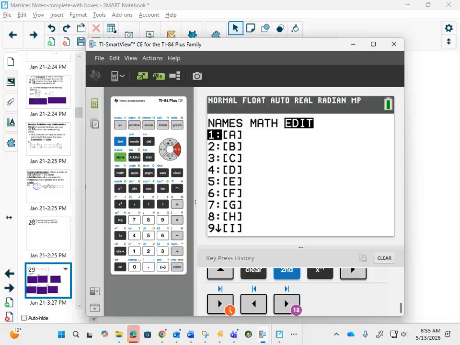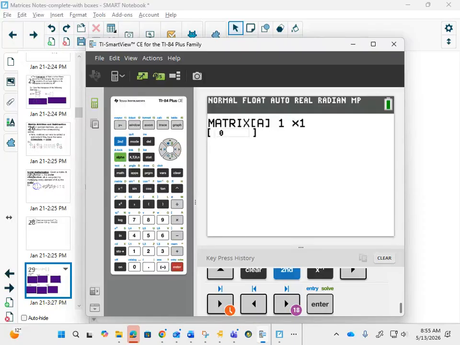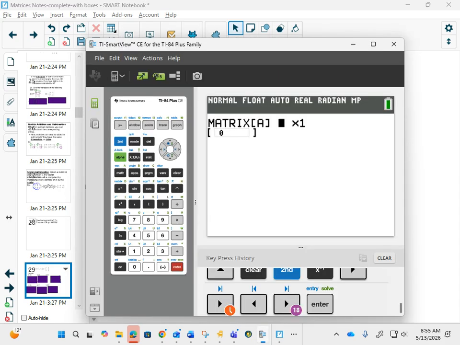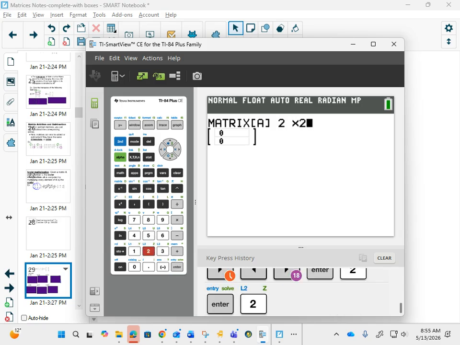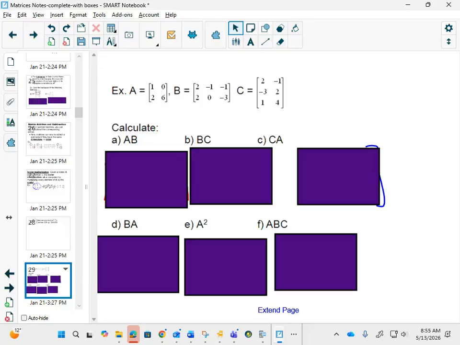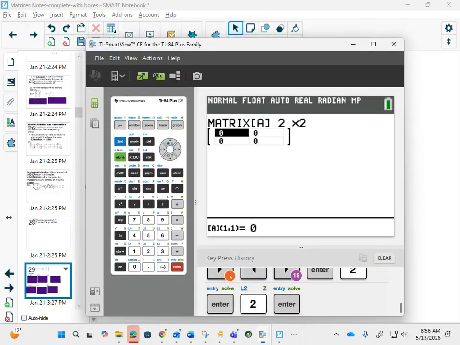So, if you go over to edit and you push enter, it says how big of a matrix do you want to make? Well, how big was our A? Our A was a 2 by 2, so I go 2, enter, 2, enter, and then we can enter in the numbers that we have. 1, 0, 2, 6.